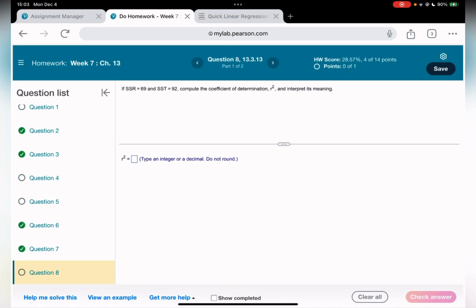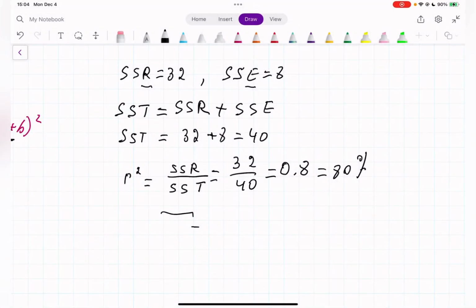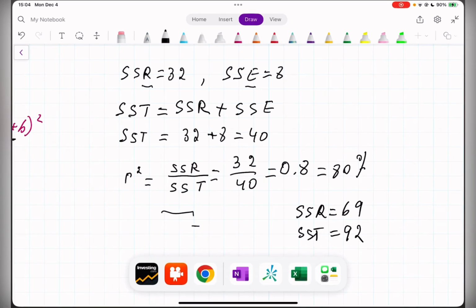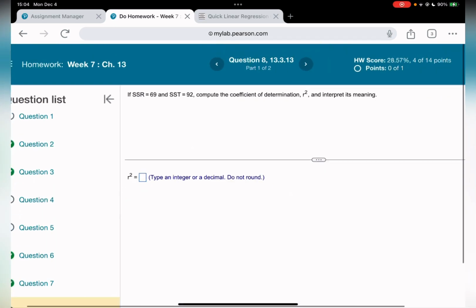So what do we have to do here? Number 8, SSR is given as 69, SST 92. Well, we know what to do, right? Let me double check. It is 69 and 92.